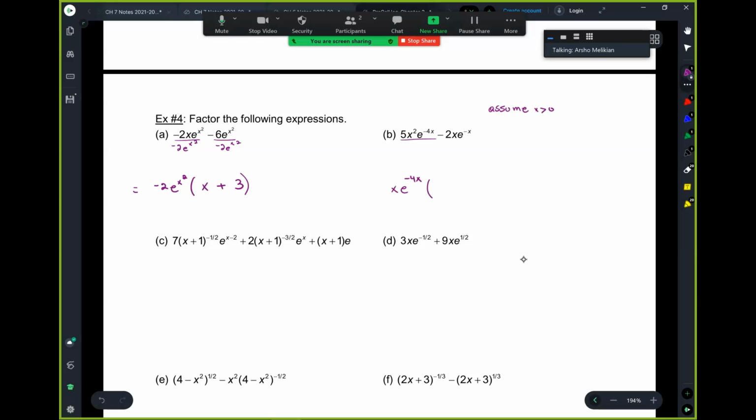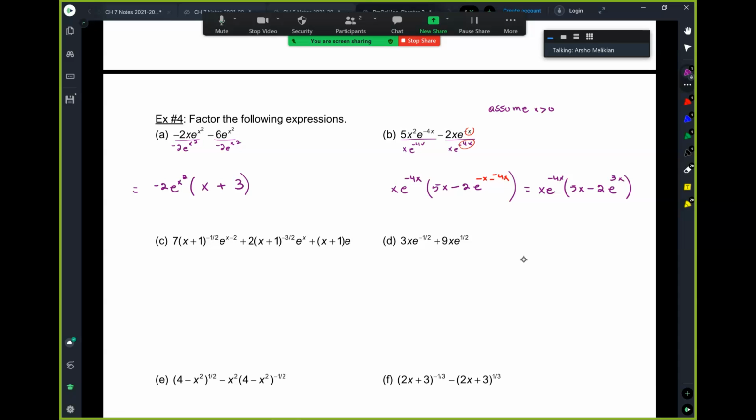So when I divide by x e to the -4x, okay, what do I get? I get 5x, and then the e's go away, minus 2. The x's go away, and what do I have here? I have e to the, I'm going to subtract these exponents, right? -x minus -4x. Okay? So that will be x e to the -4x times 5x minus 2e to the 3x.